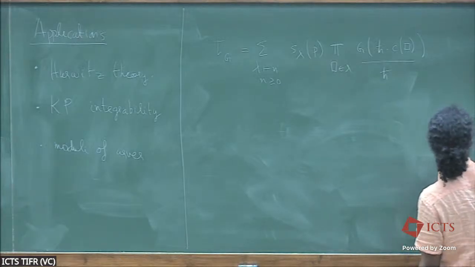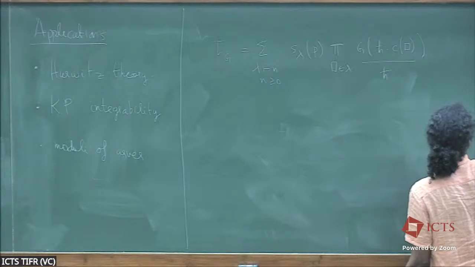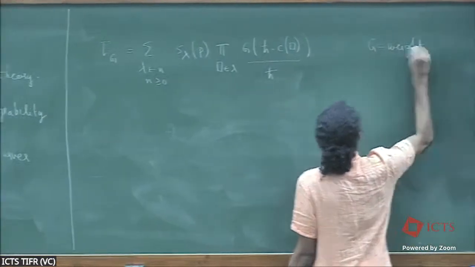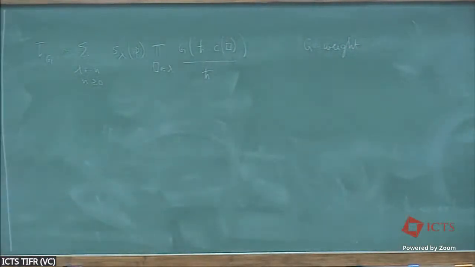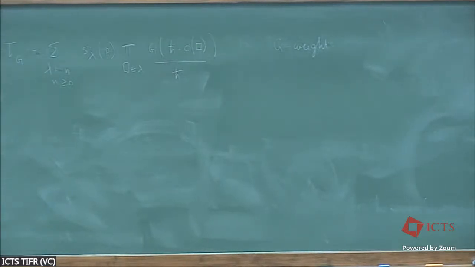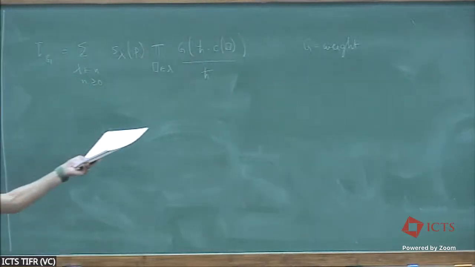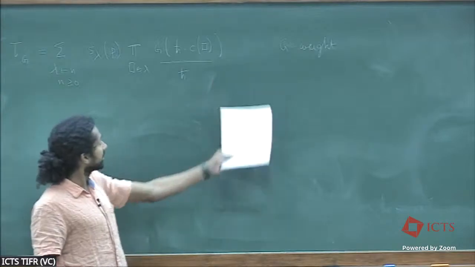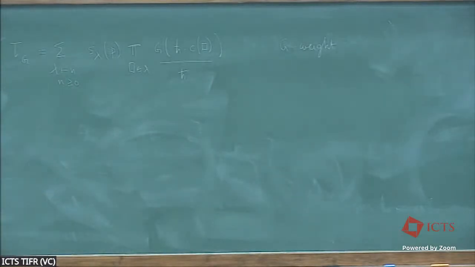Where G was the weight. So G's usually called the weight in weighted Hurwitz theory. When G was just a linear polynomial, you get the story of maps. When G is quadratic, then you get bipartite maps.